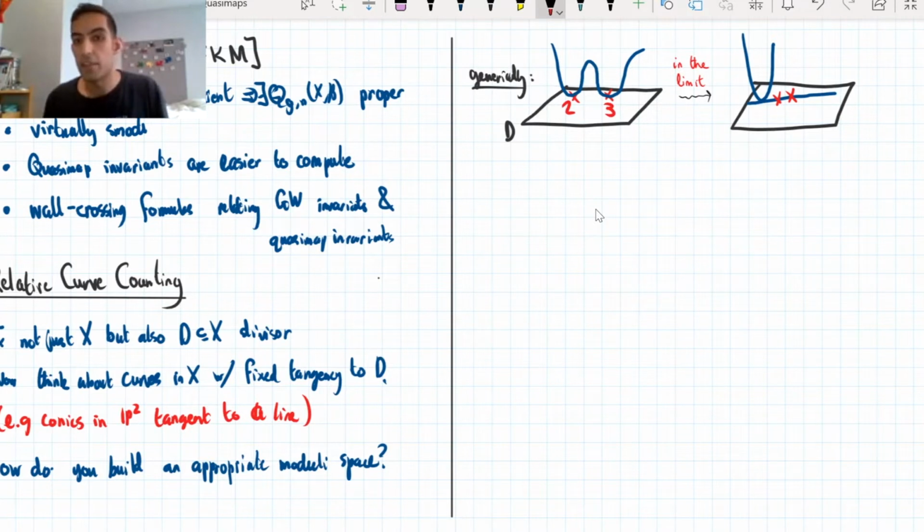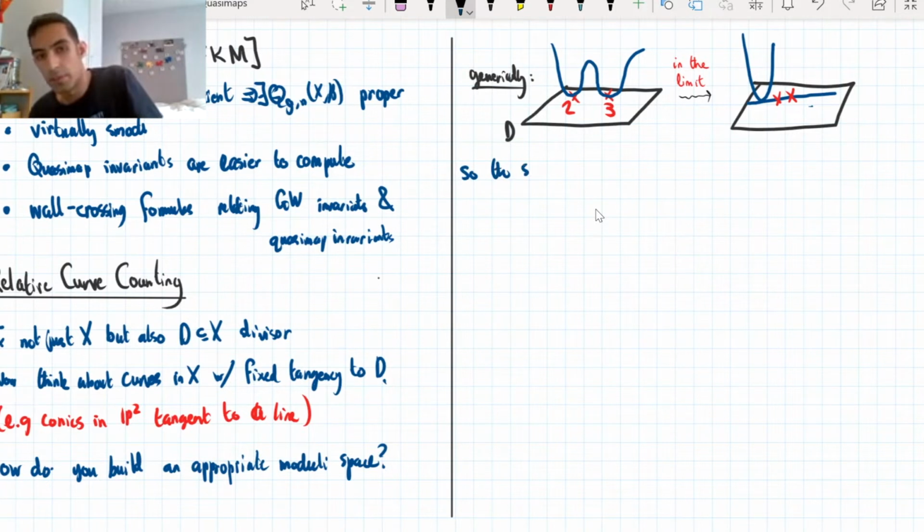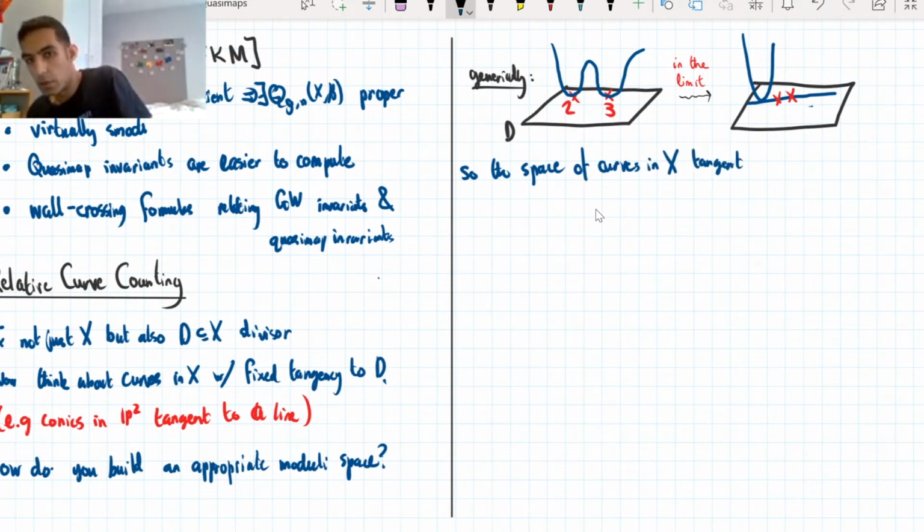And the problem is this space is not proper. In the limit, what can happen is this whole curve or components of it can just fall into this divisor, and then I don't know what tangency means. So the space of curves in X tangent to D with specified contact orders is not compact.